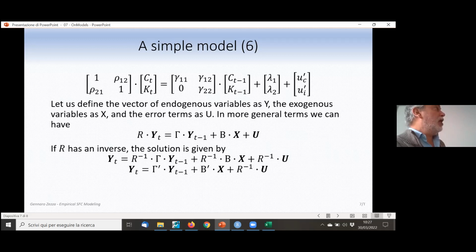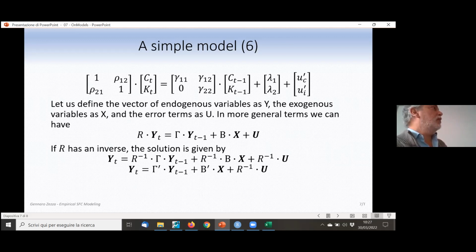And most of the problems that we may have when simulating a stock flow model is that the solution to the system, when the R matrix is full, needs to be obtained through an iteration procedure, which looks for parameters which get a solution. And it is not certain that you will find a solution. Sometimes the model would not solve.